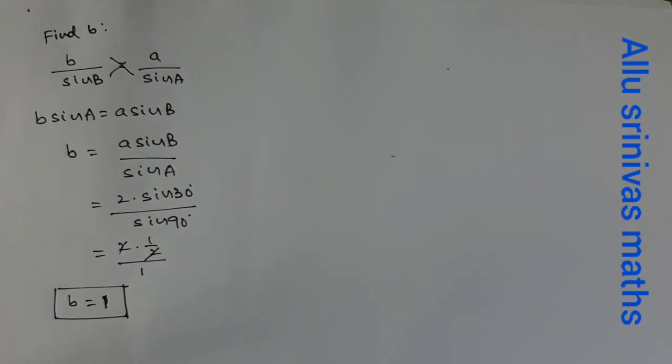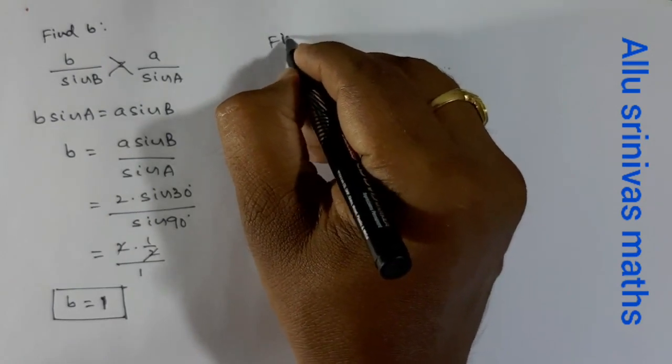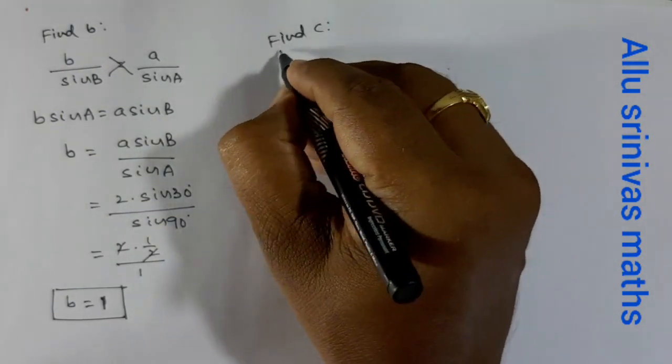Next we have to find side C. We have to write the convenient formula from sine rule.